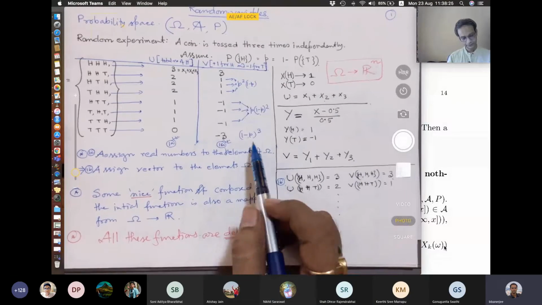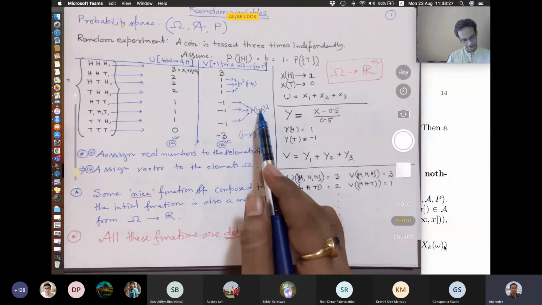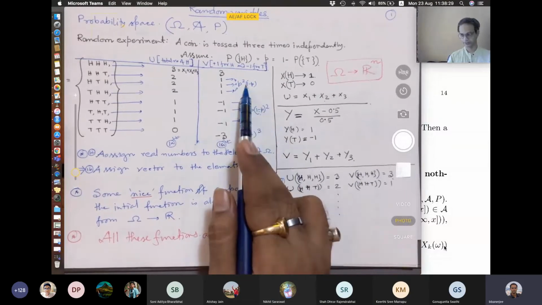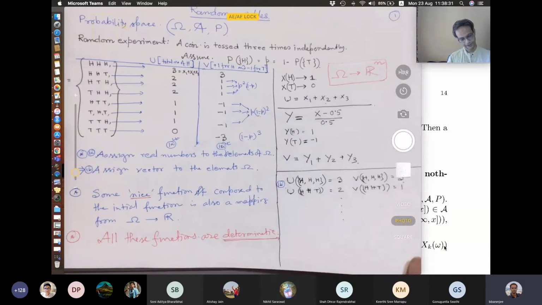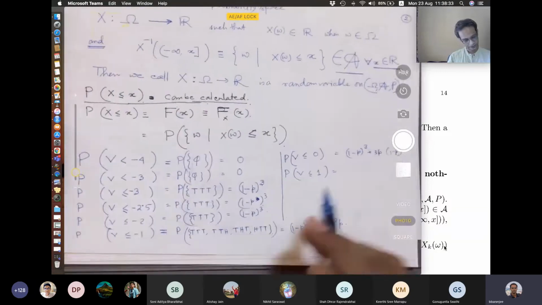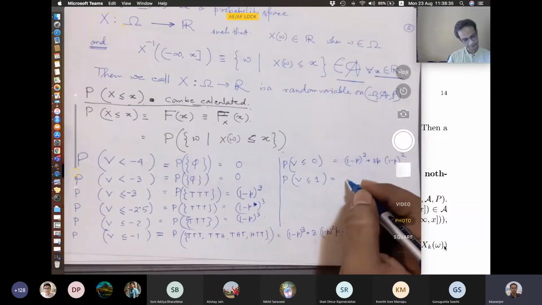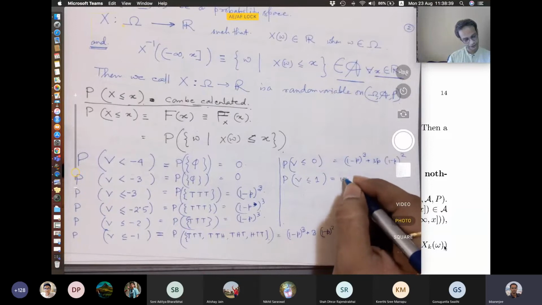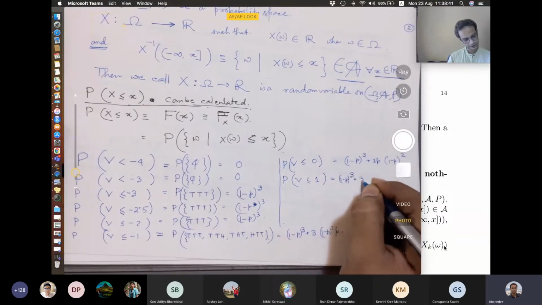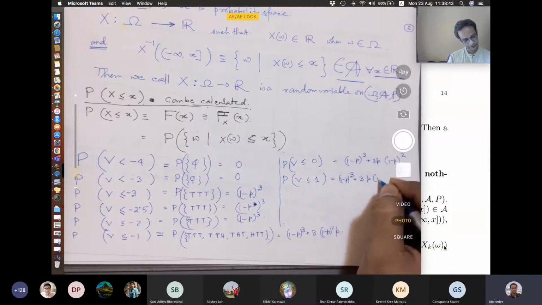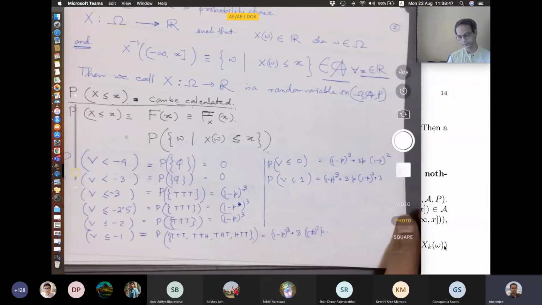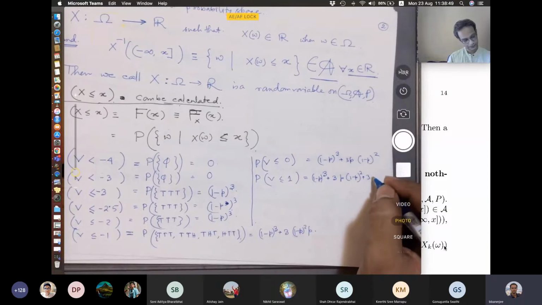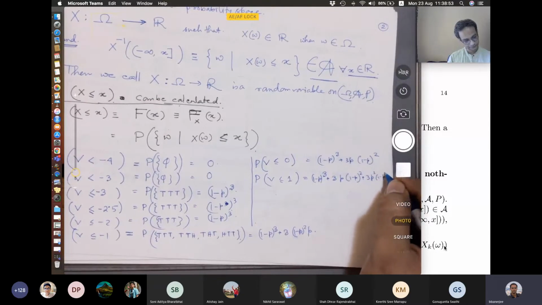So this plus 3 times this plus 3 times this. I am not writing the set once again. So this is 1 minus p whole cube plus 3 times p into 1 minus p whole square plus 3 times p square into 1 minus p.